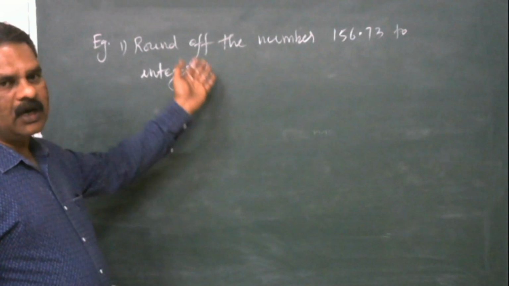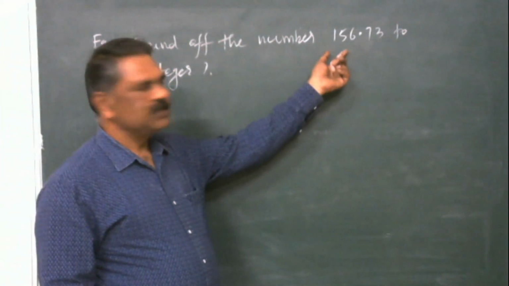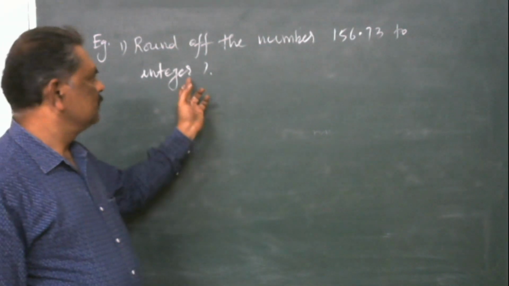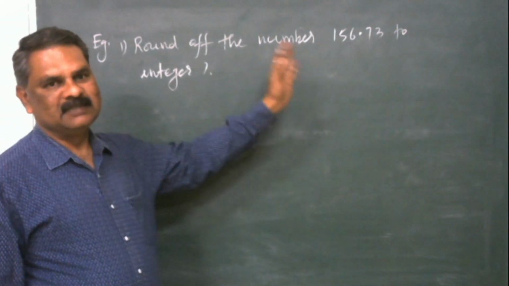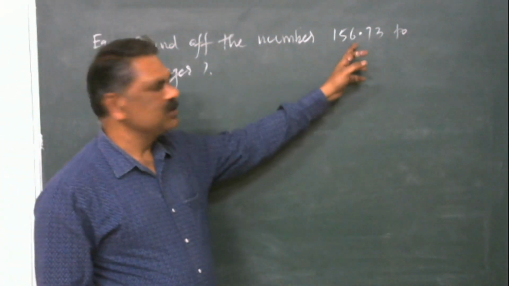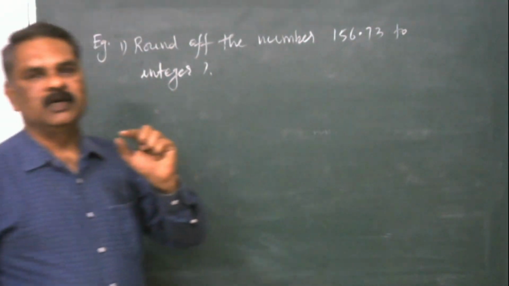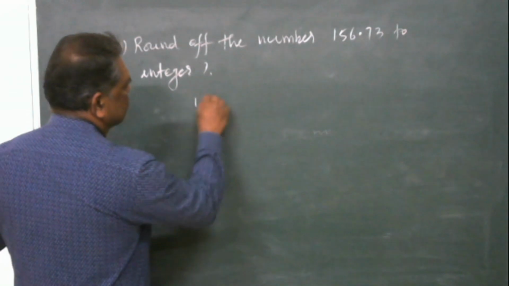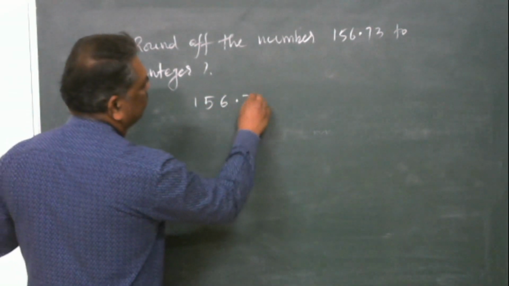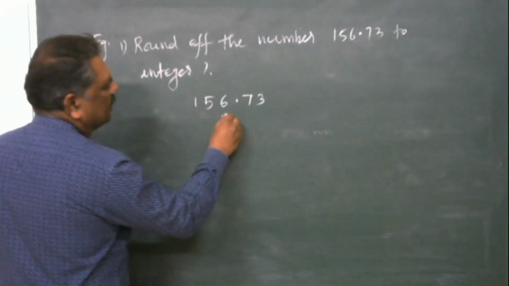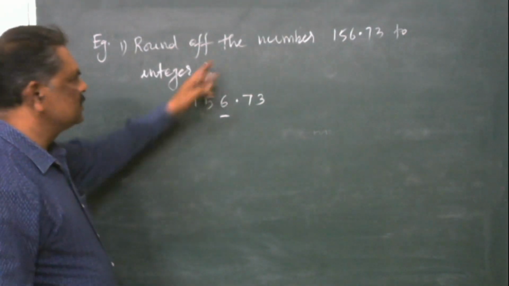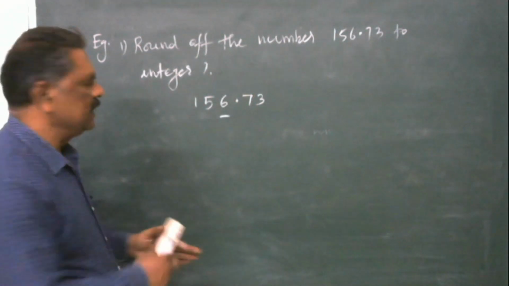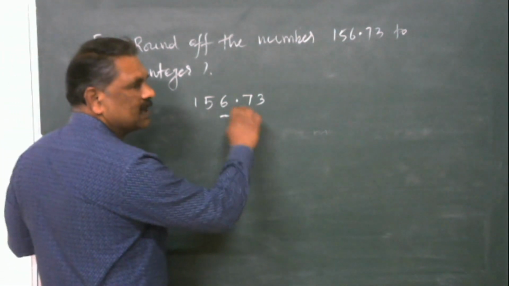I am going to approximate this number to the unit place, because an integer doesn't have decimals. So, as I told you already, we need to look at the place next to it, to the right side.